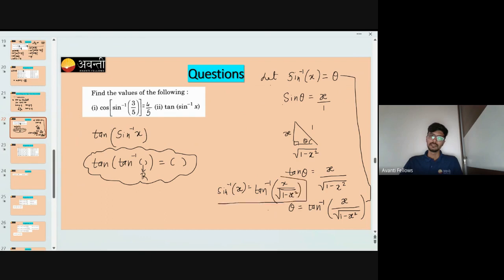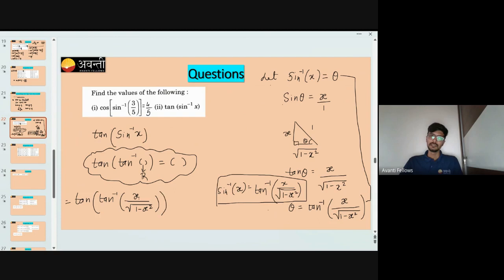So my task of converting sine inverse to tan inverse is completed. So I can write this question as tan inverse of x upon under root of 1 minus x squared.